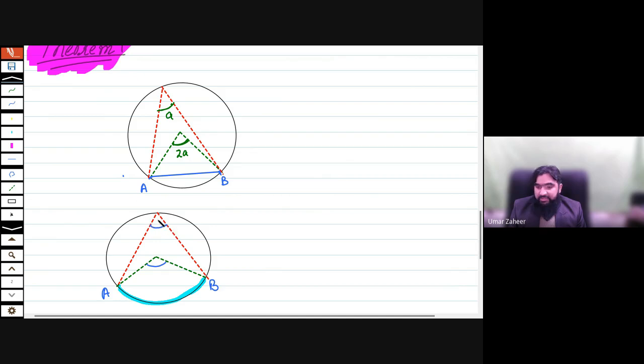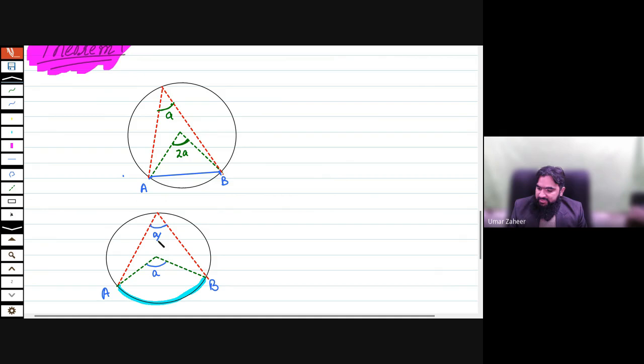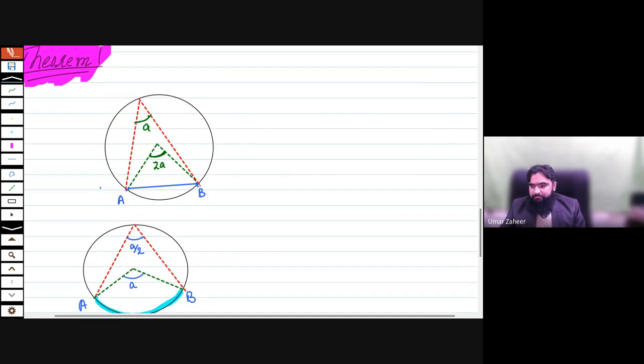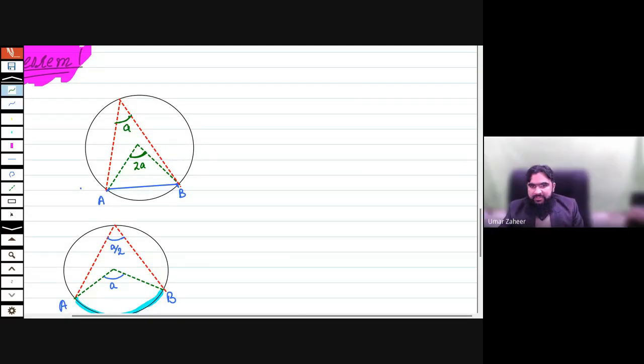It is a circumference angle from the same arc, right? It is a really important thing: same arc or same segment. So if, for example, the central angle is A, then the circumference angle will be A over 2, A by 2. It will be half of this angle. Is it clear? Yes, sir. We have to understand it.